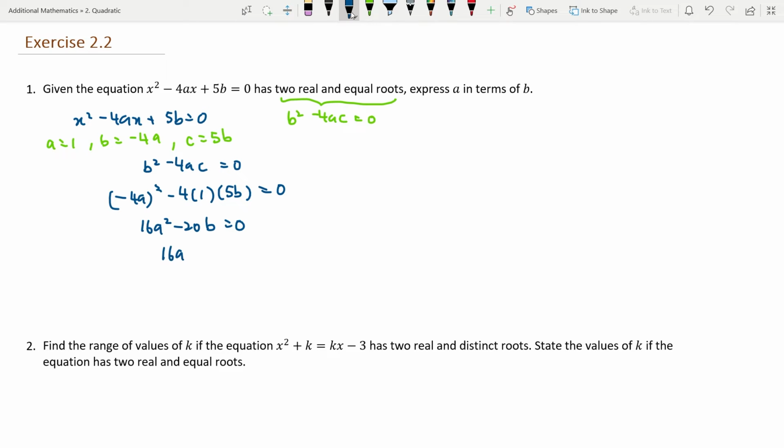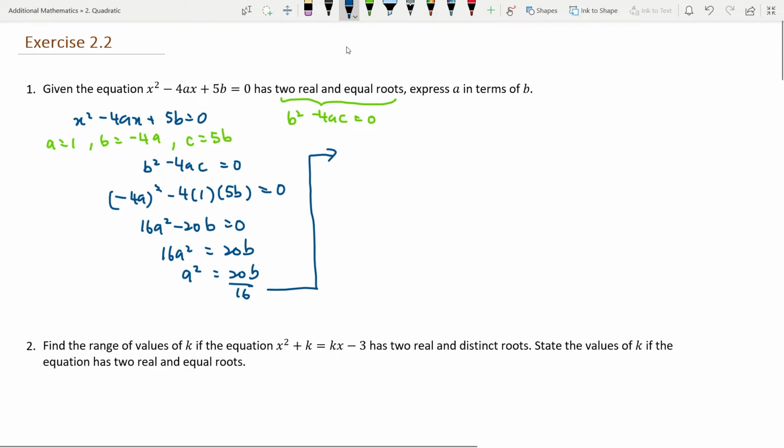Therefore, 16a squared is equal to 20b. a squared is equal to 20b divided by 16. Simplify the equation, we get a squared equal to 5b over 4. Therefore, a is equal to plus minus square root of 5b over 4.